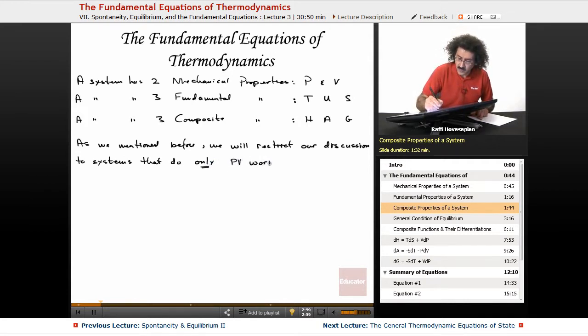So we're not going to be concerned with other work, electrical, mechanical, or otherwise. In other words, our dW other is always going to be zero for us.